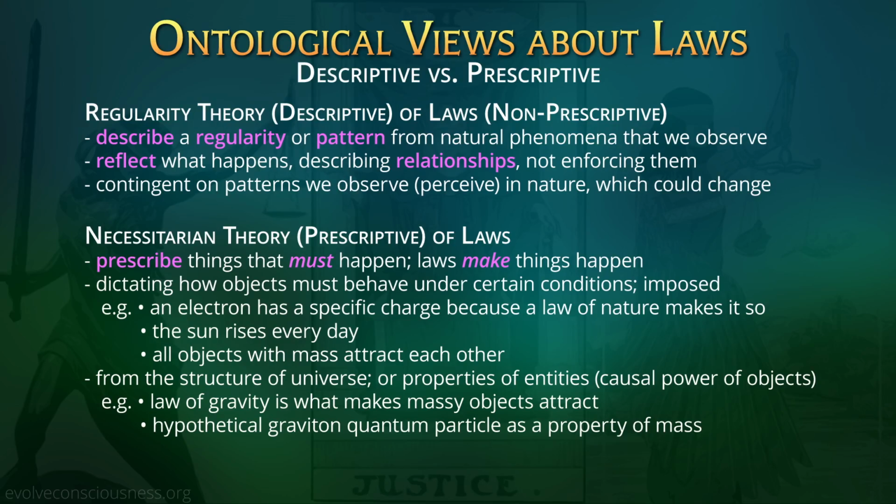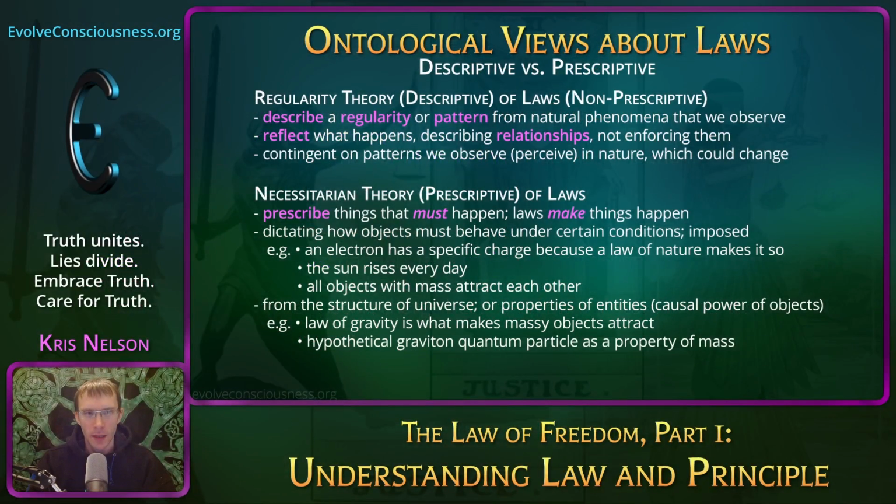Ontological views about laws. So we're getting into the philosophy of laws of nature. And there are two main ones, these two ontological views, the study of the nature of being, of what a law of nature is. There's descriptive versus prescriptive. And the descriptive one is known as the regularity theory of laws, and it's non-prescriptive.